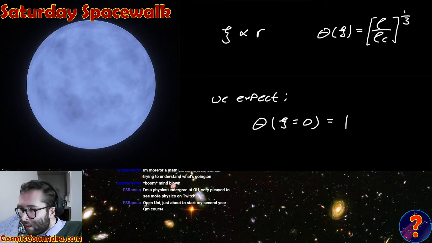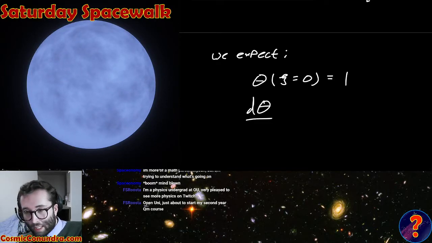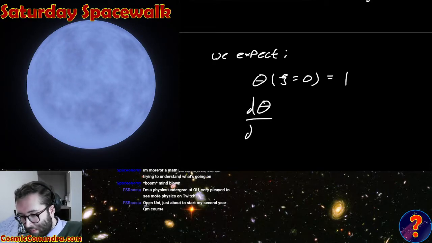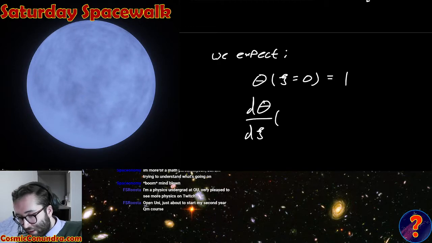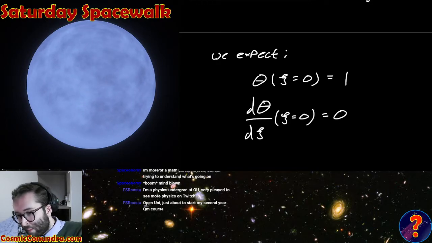Okay. We also expect, we need two pieces of information to consider, because this is a second order differential equation. It means you need two boundary conditions, or two initial conditions. We expect that the derivative of theta with respect to xi at xi equals 0 should be 0.